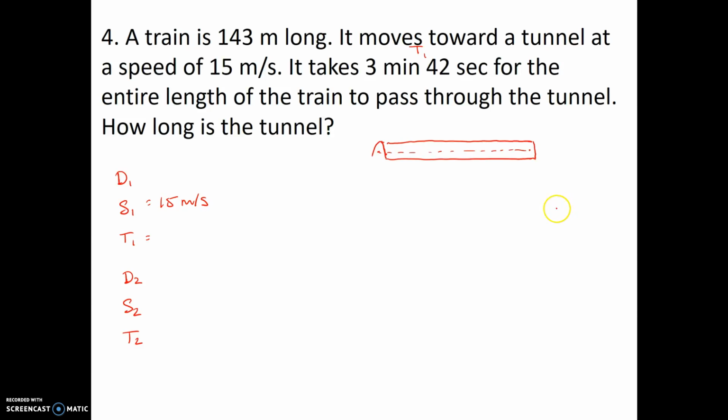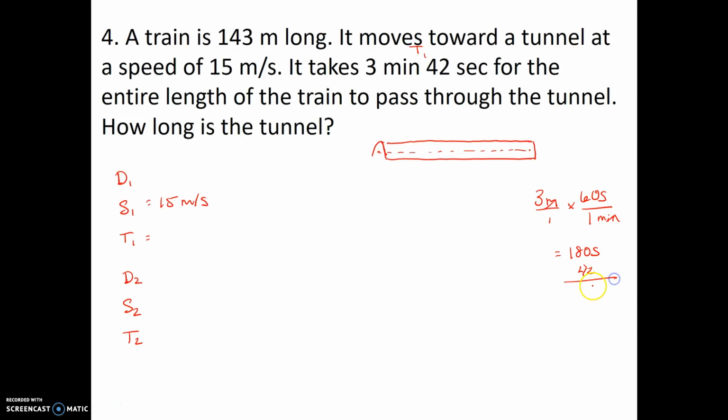So if we have 3 minutes and 42 seconds, first of all, let's convert the 3 minutes into seconds by multiplying it by 60. Okay, so 3 times 60 is going to be 180 seconds, but there were also 42, so it was 3 minutes plus 42 seconds.